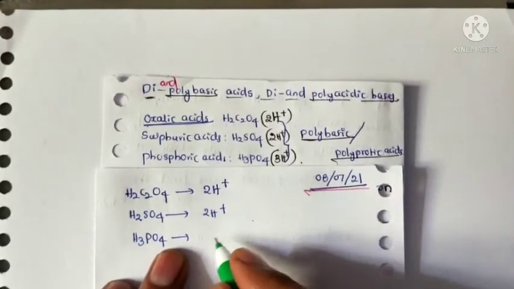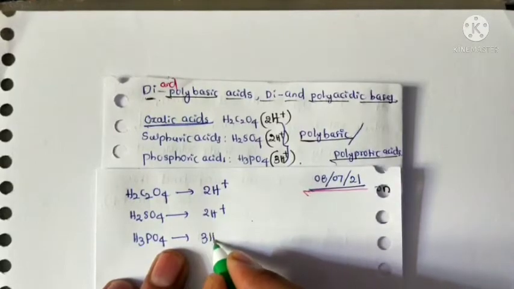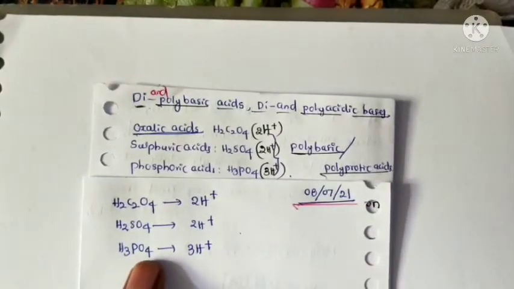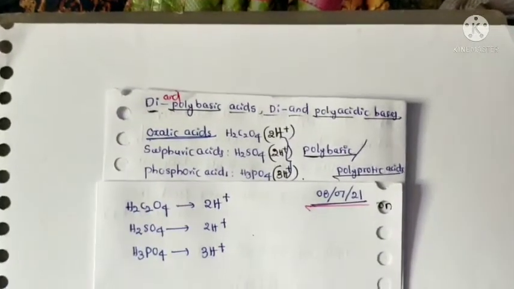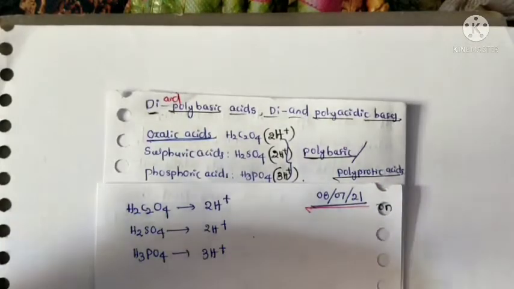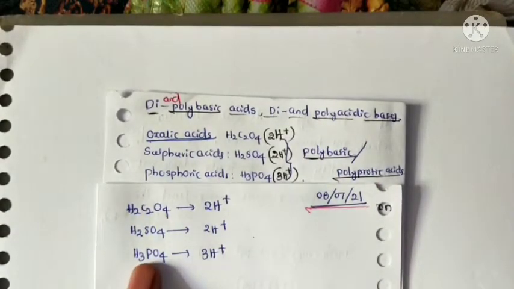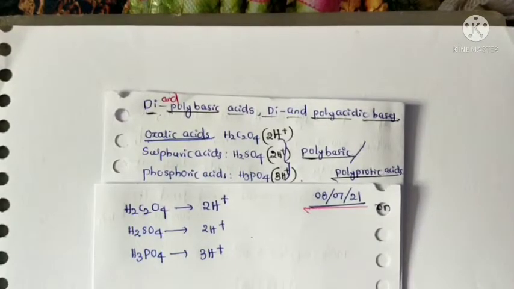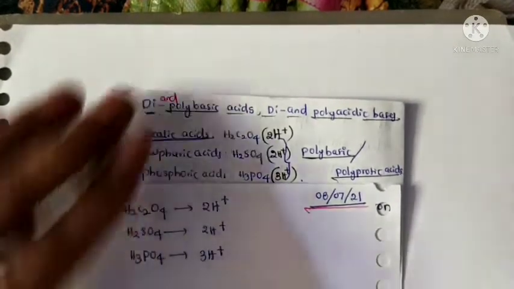How many protons are produced? Three protons. Actually it is a tribasic acid, but more than two we can call poly. That's why it is an example of polybasic acids.